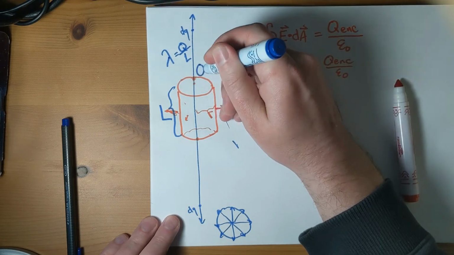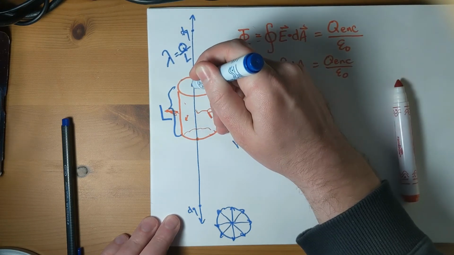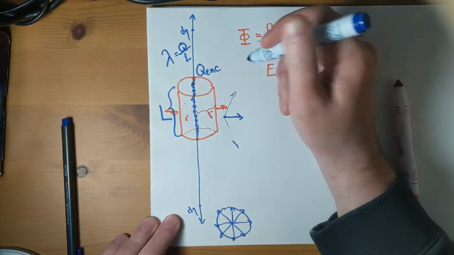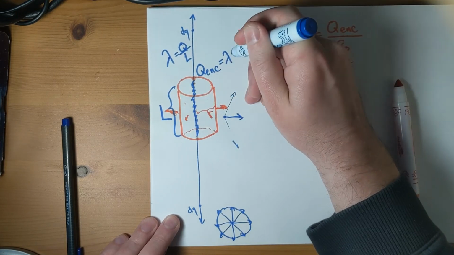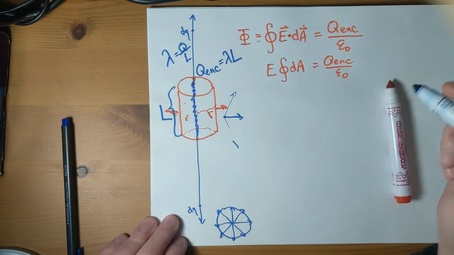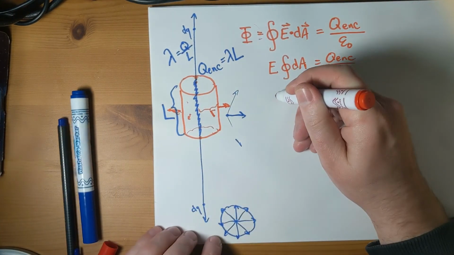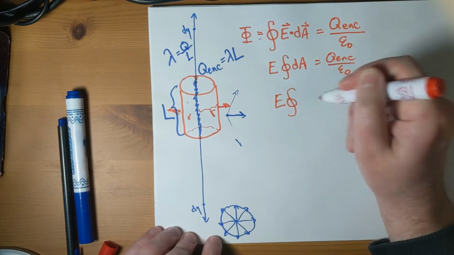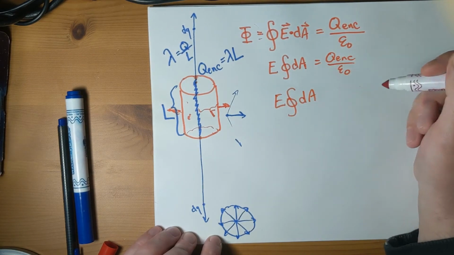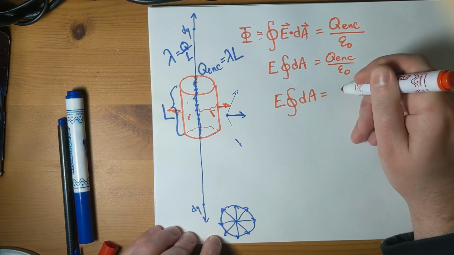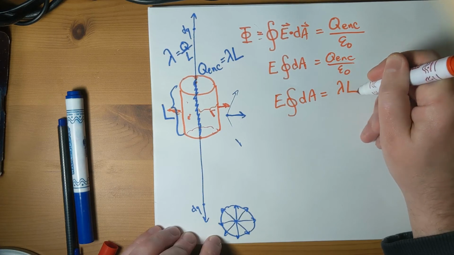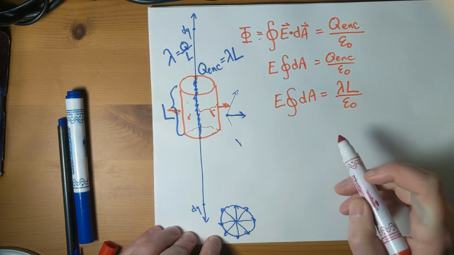So that means that the charge enclosed, the charge that's actually inside the can, is going to be the charge per length times the length of the can. So I can just put that in here. So I know that E times this integral over the part of the can that has flux through it, think about what that is before we get there, is going to be the charge per length times the length of the can divided by epsilon 0.